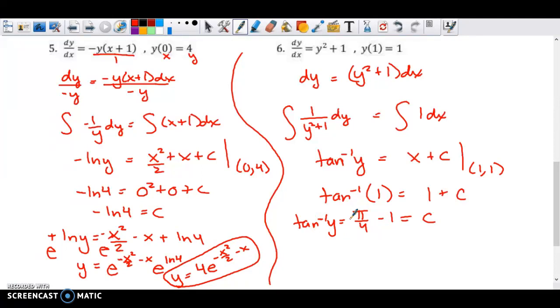Oh no, I need to fix this. I was trying to be lazy, but I don't think it's going to work. So let me get my c value. And so I've got c, so I'm going to go back to this and plug in my c for that. So inverse tan.